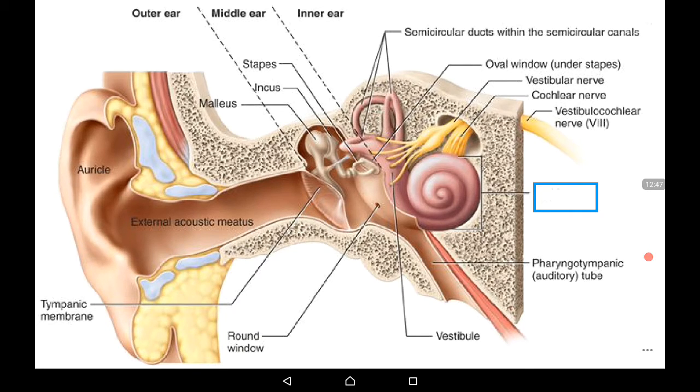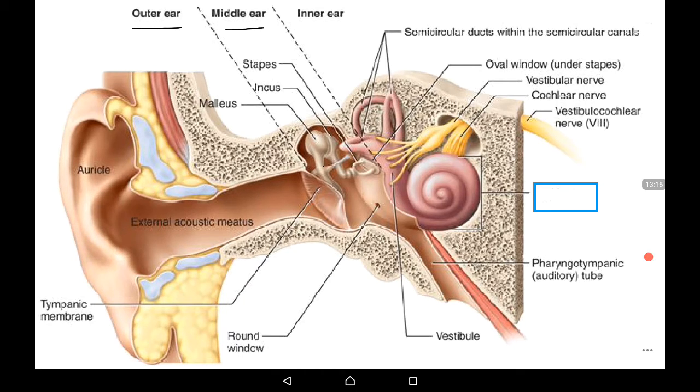Now we will speak about the acoustic analyzer. We have external ear: auricle, external acoustic meatus, and tympanic membrane. We have middle ear, so we have outer ear, middle ear. After the tympanic membrane, we have bones: malleus, incus, stapes.